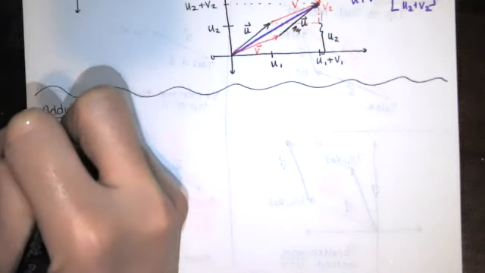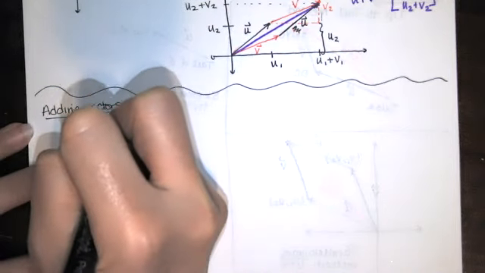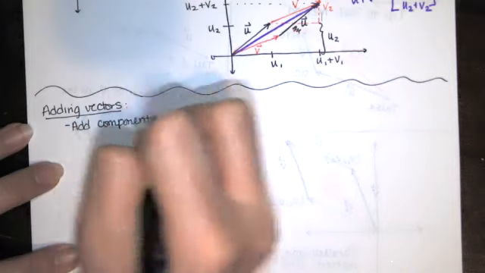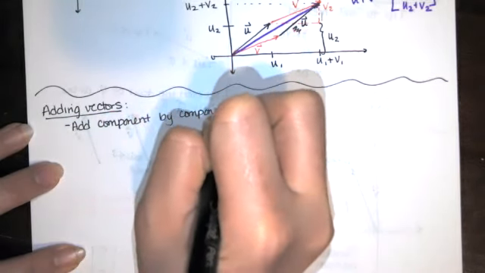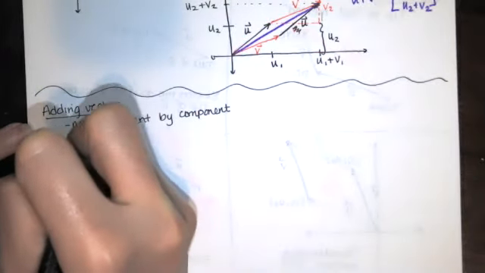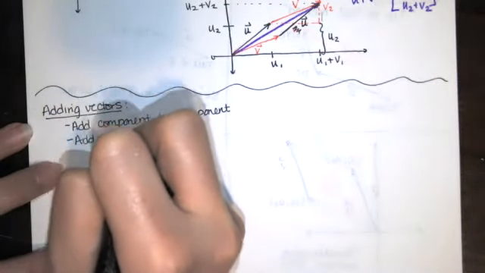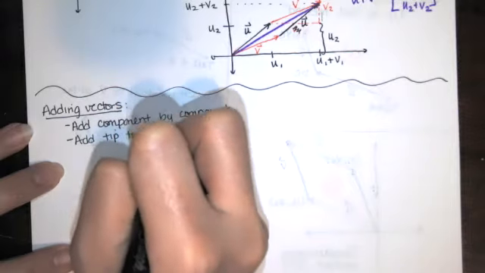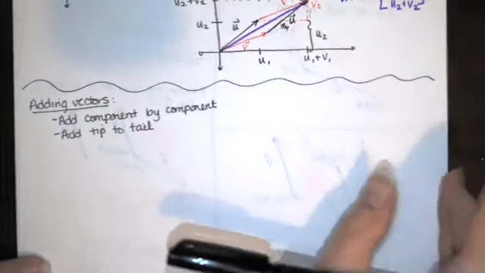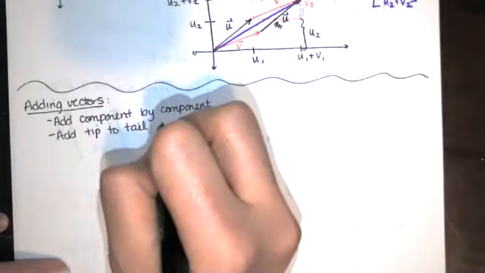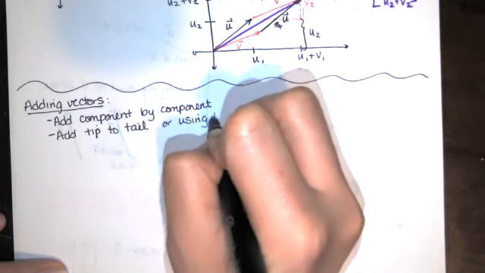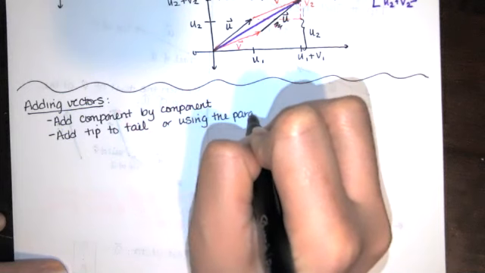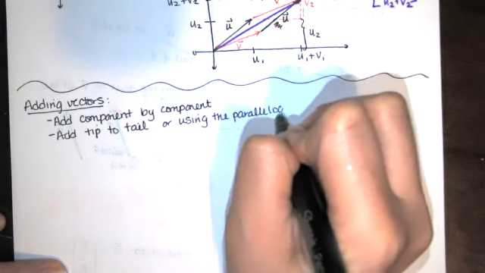You add vectors component by component, or you can add tip to tail. Think of that displacement problem, that layover problem. It makes it really easy to remember how that works. Or if you prefer, you can use the parallelogram method, or parallelogram rule, it's sometimes called.